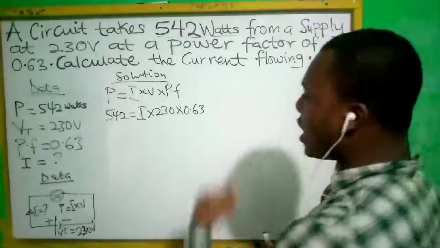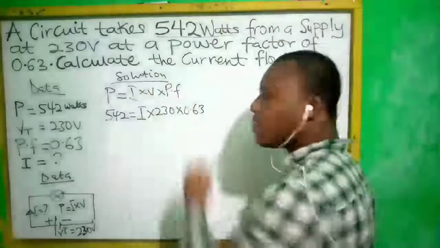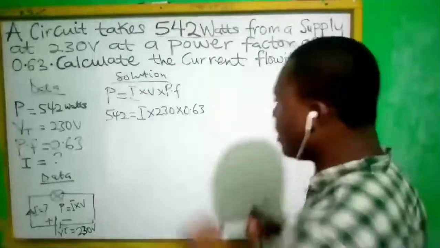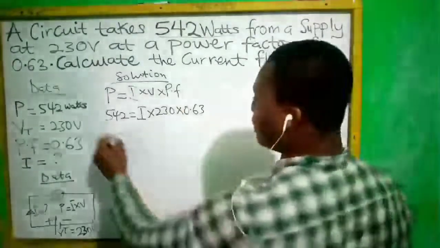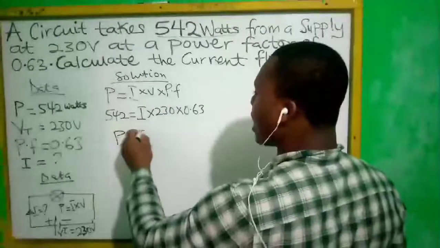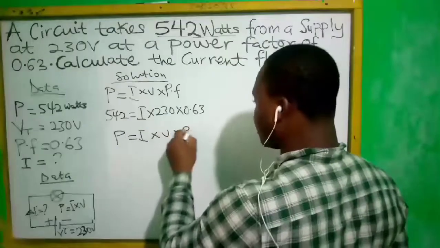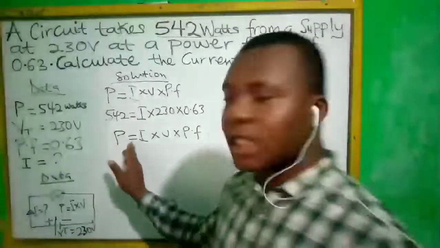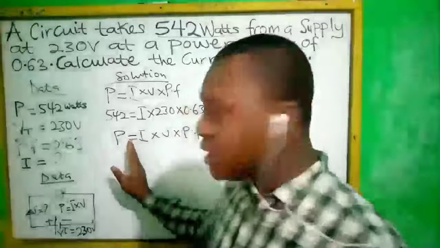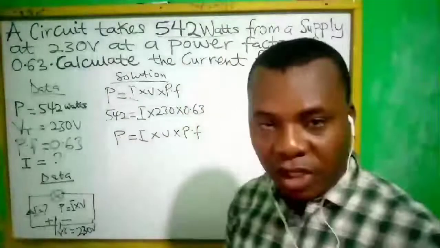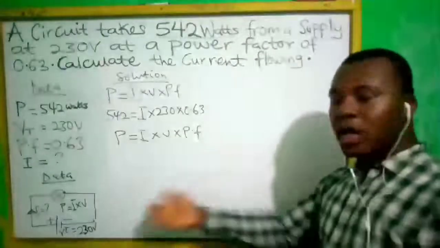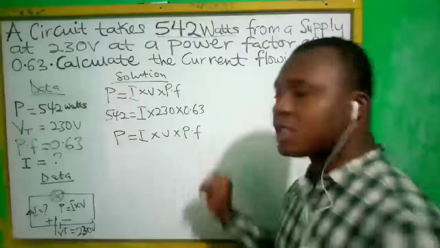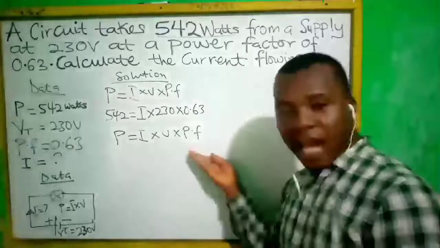Here, I would like us to bring the formula again, then break it down, manipulate it, and get the current formula from this particular power formula. So power equals current times voltage times power factor. Watch very carefully. Behind this equal sign, power is standing alone, P, and beyond the equal sign, we have current times voltage times power factor, which are three.